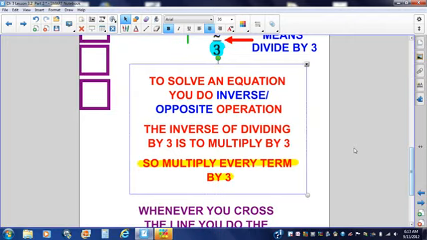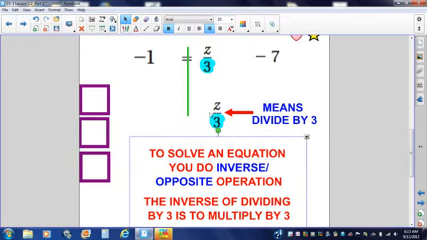So, follow my logic. The opposite of dividing by 3 is to, you got it, multiply by 3.